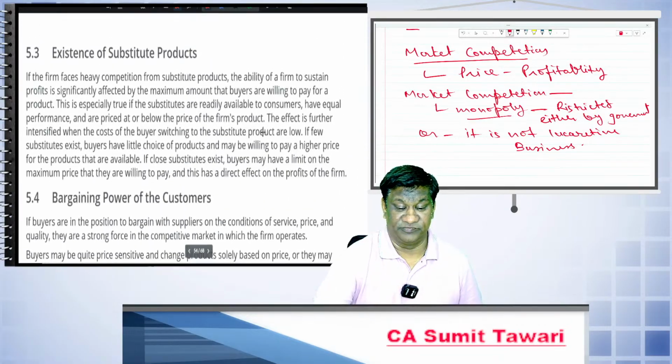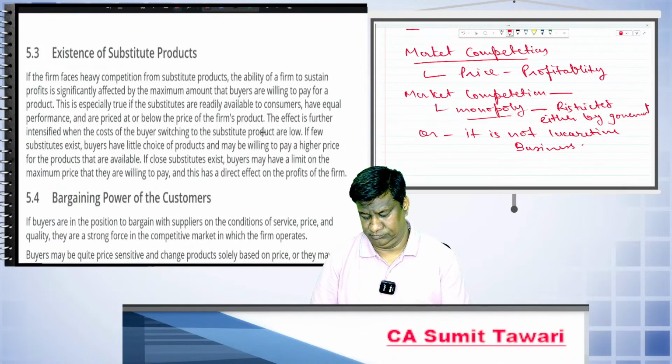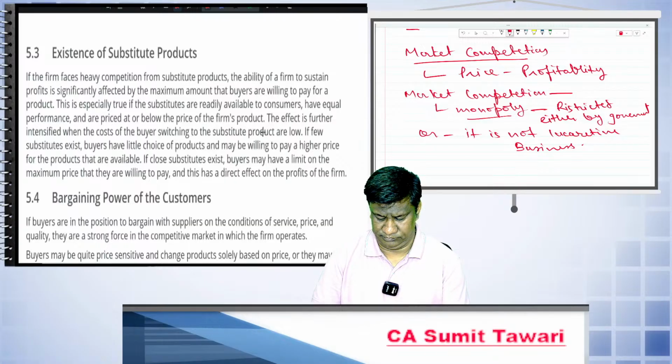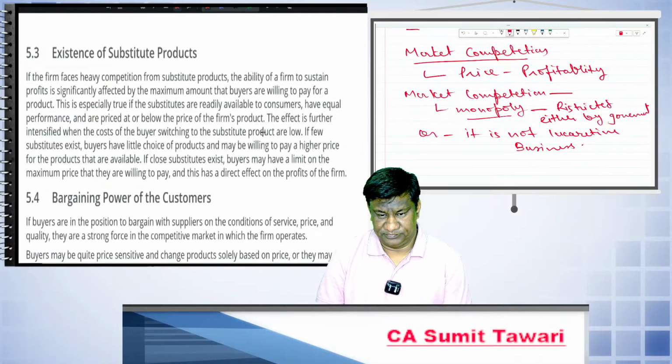Then, the existence of substitute products. This can make customers switch frequently to other products.